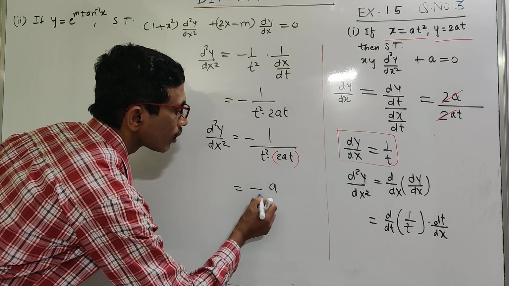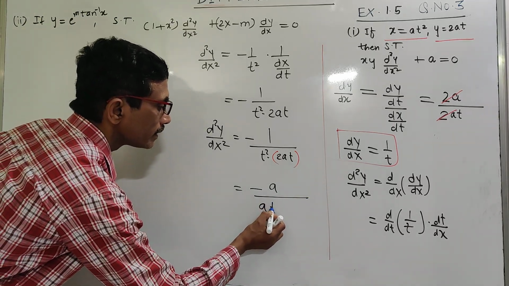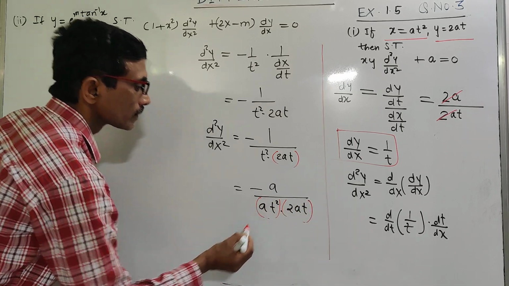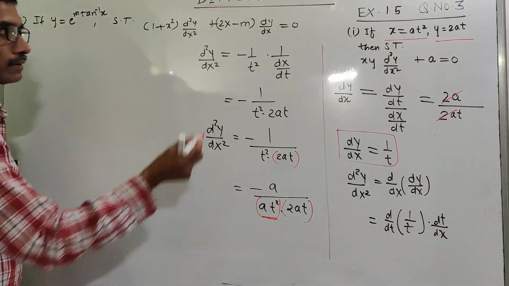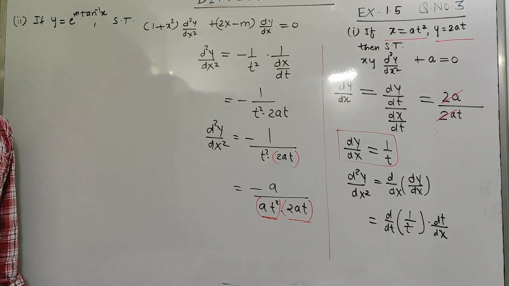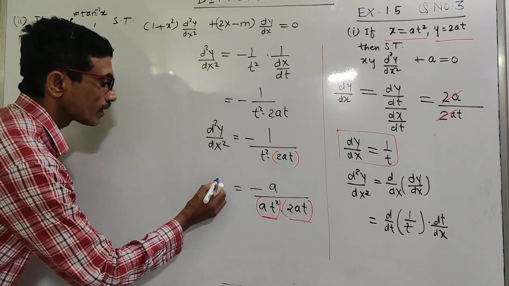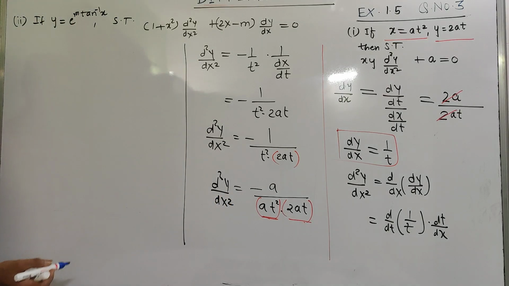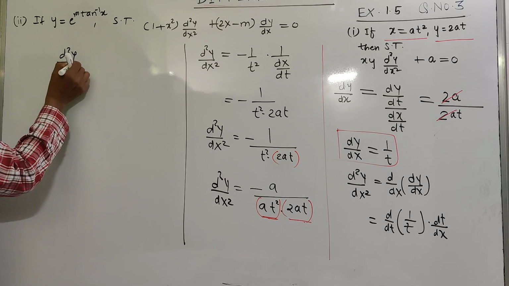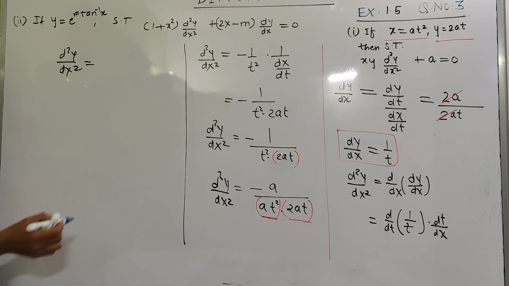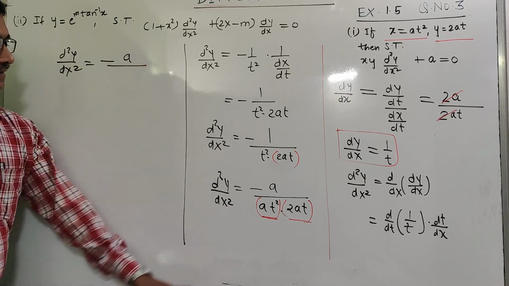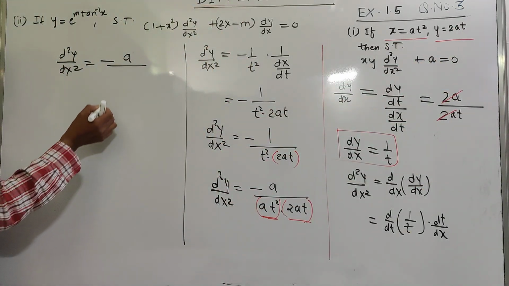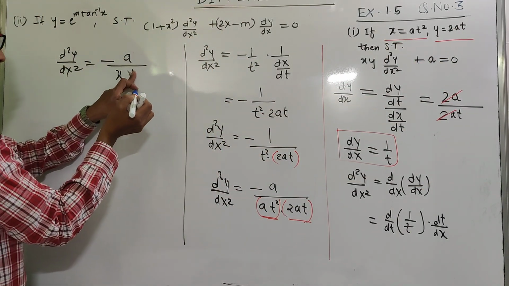This will give at square and 2at. We can group them like this, so that this at square is x, and 2at is y. And the left hand side is d square y by dx square, so d square y by dx square is equal to minus a upon x into y.